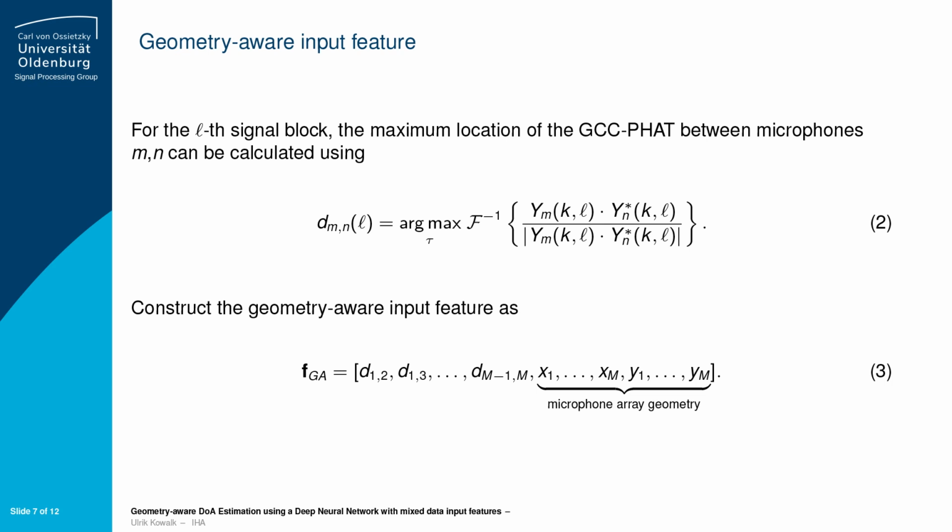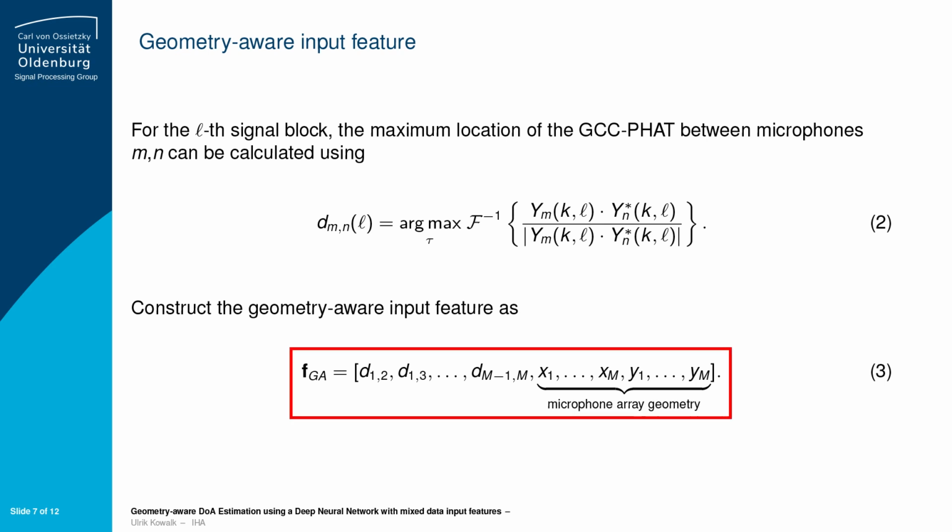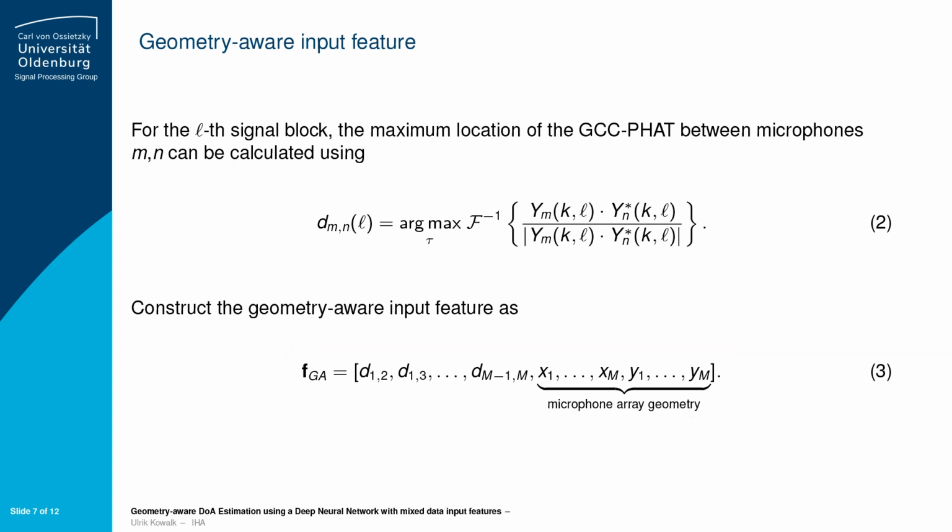We then construct the geometry-aware input feature by concatenating the maximum locations of all possible microphone combinations, as well as the x and y coordinates of the microphone array geometry, as shown in equation 3. Instead of only the maximum locations, we could use the whole GCC-PHAT as feature, but we want to preserve a balanced ratio of audio feature data and geometry data, so the DNN understands the importance of the geometry.